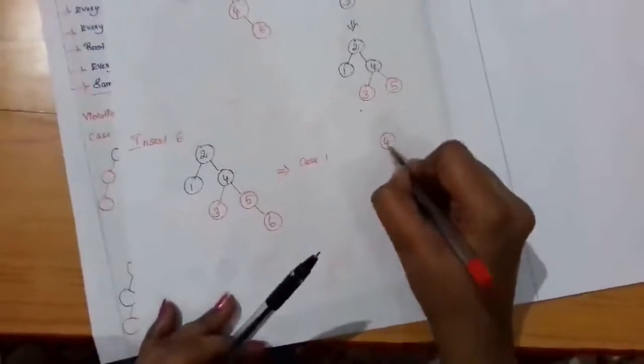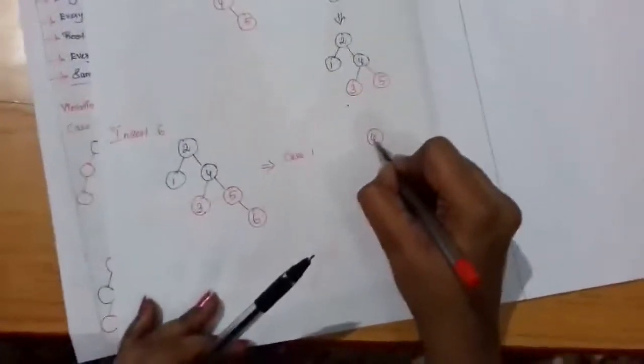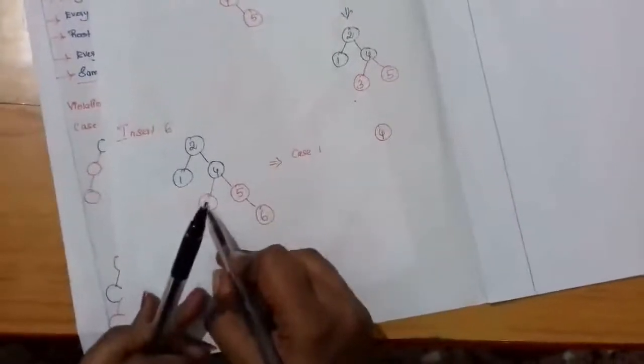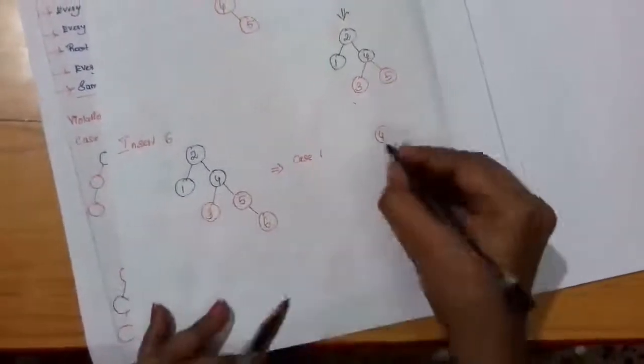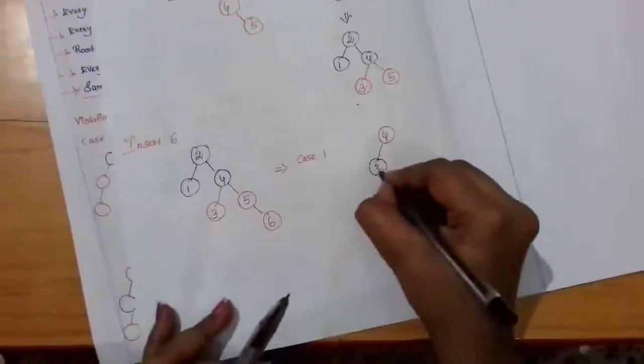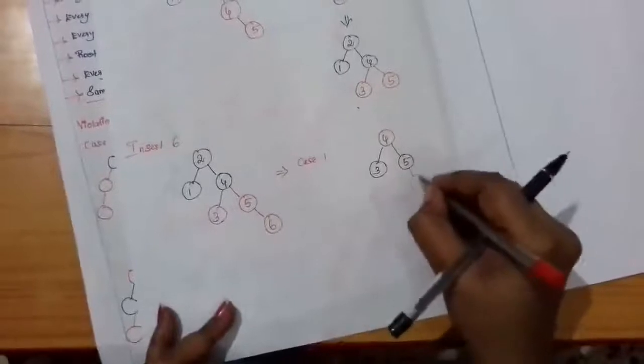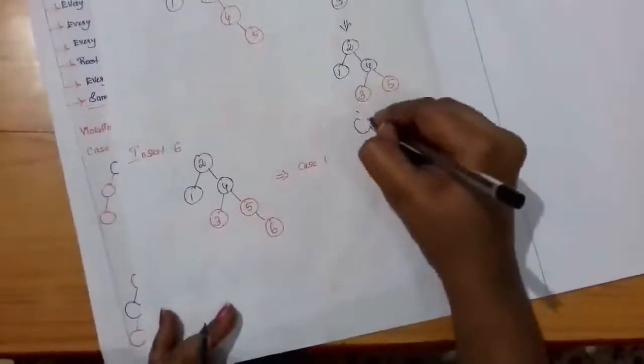When we change the color of 4 to red, that red node should have only 2 black children. So we need to change the color of 3 and 5 to black. The rest of the nodes remain the same color.